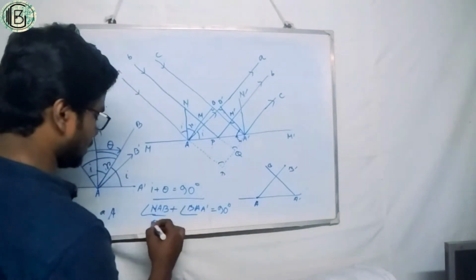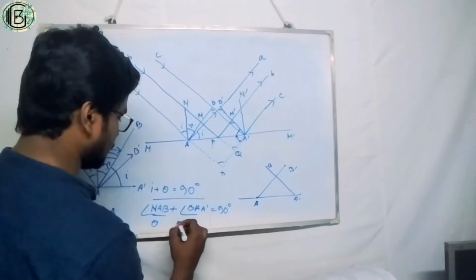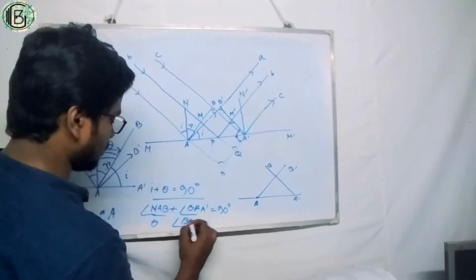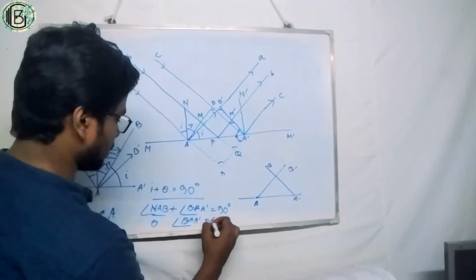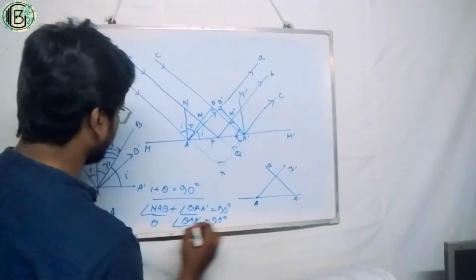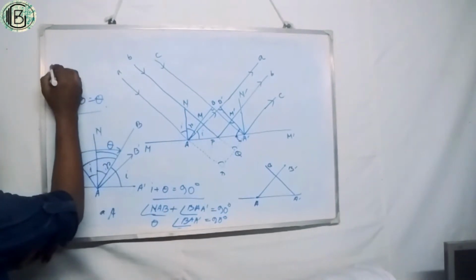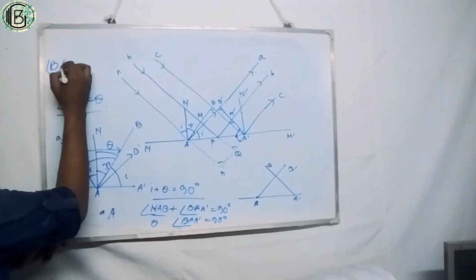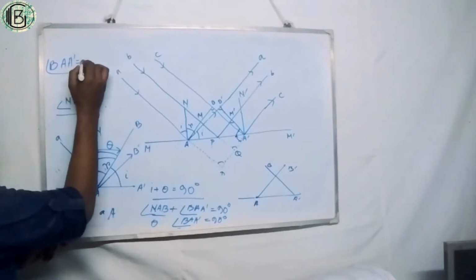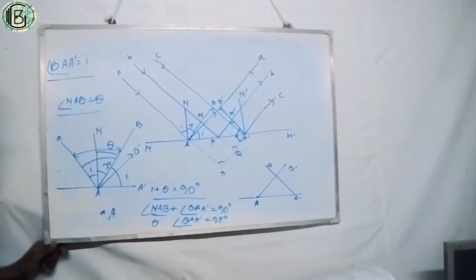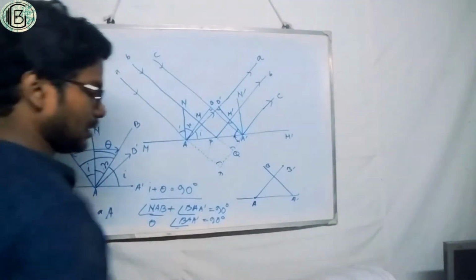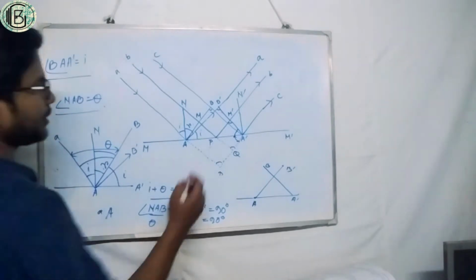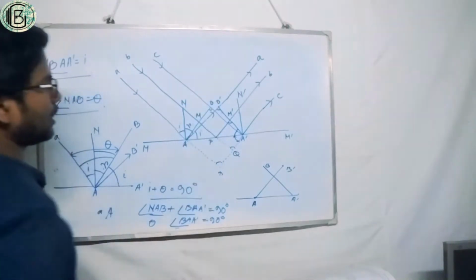So here theta plus BAA prime equal to 90 degree. So we can write that BAA prime equal to I. So this is the angle of incidence. Now we can write this angle to be I.